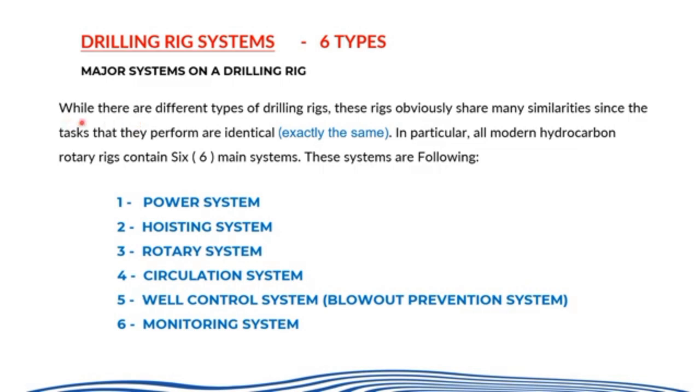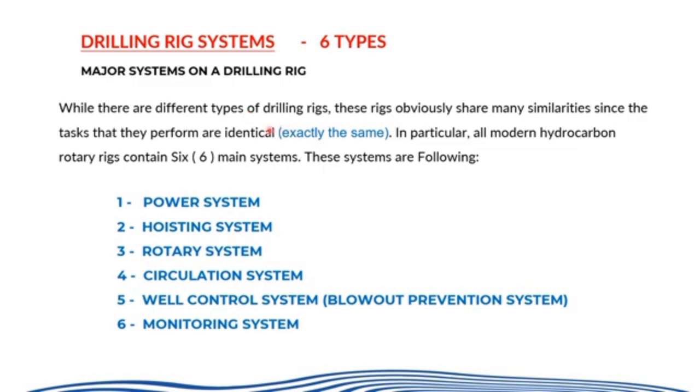So let's see. There are different types of drilling rigs: they can be onshore rigs or offshore rigs. In onshore there is only one kind of rig, the land rig, but in offshore there are multiple kinds of rig. That can be a jackup rig, a drill ship, a semi-submersible rig, or a barge rig.